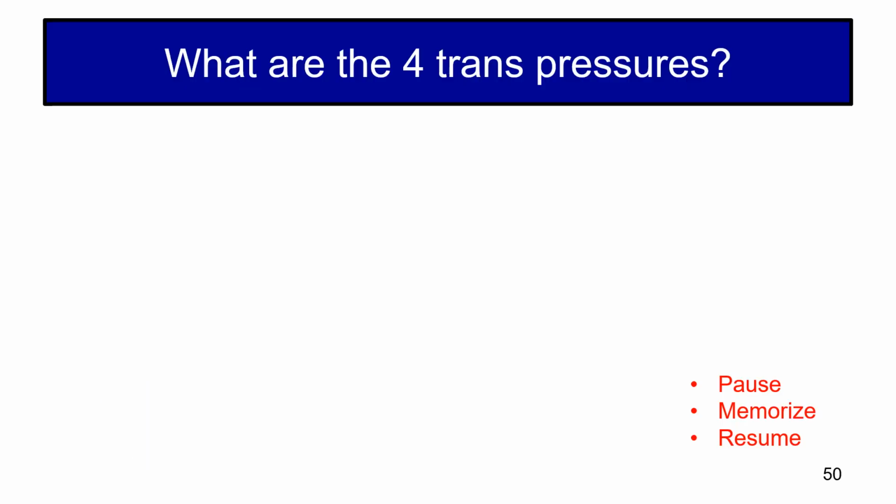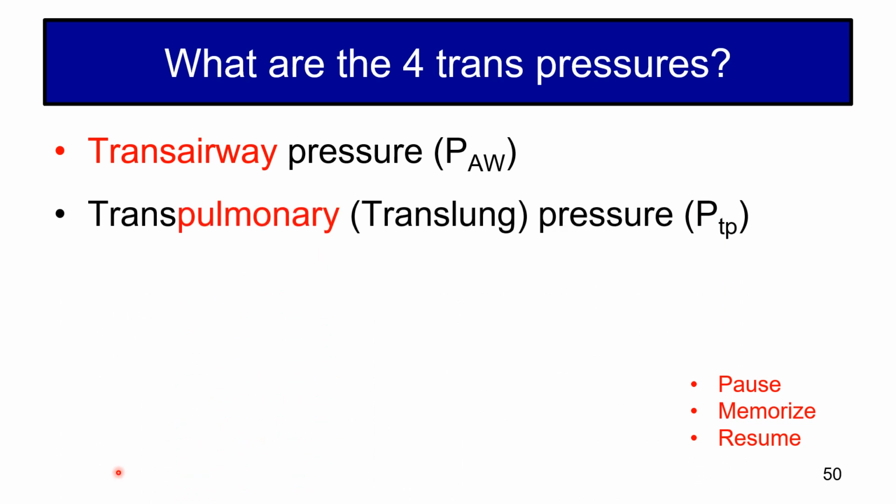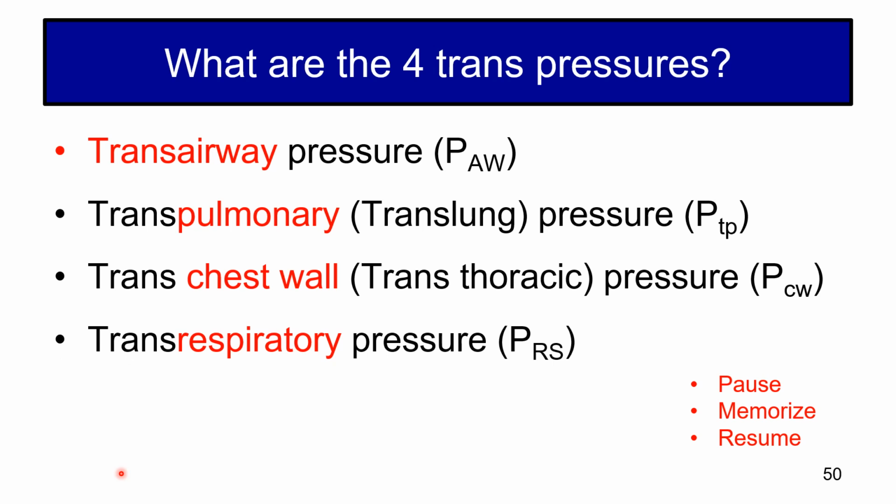Now, what are the four trans pressures? The first one is the trans airway pressure. The second one is the trans pulmonary or trans lung pressure. The third one is the trans chest wall or trans thoracic pressure. And the fourth one is the trans respiratory pressure.